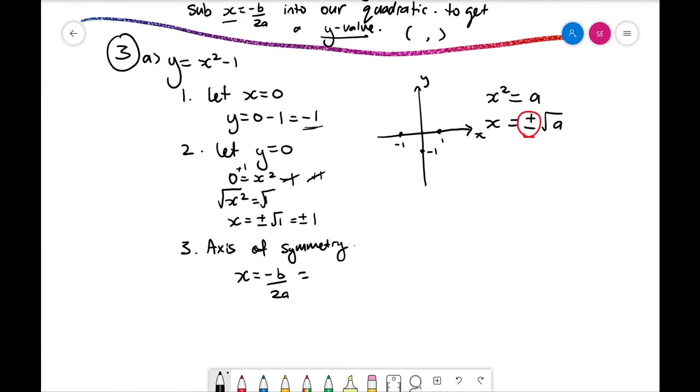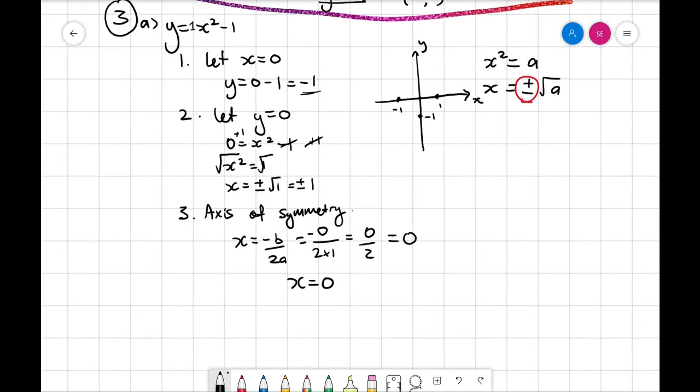Okay, well, there's no x here. So b will be 0. And there is an a. A is 1. It's just this number in front of the x squared. So it's 0 on 2, which is just 0. So the axis of symmetry is x is equal to 0, which is what we kind of knew.